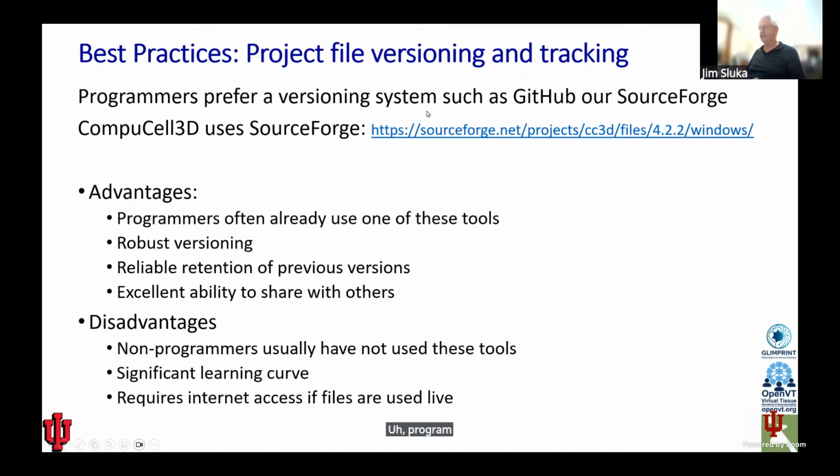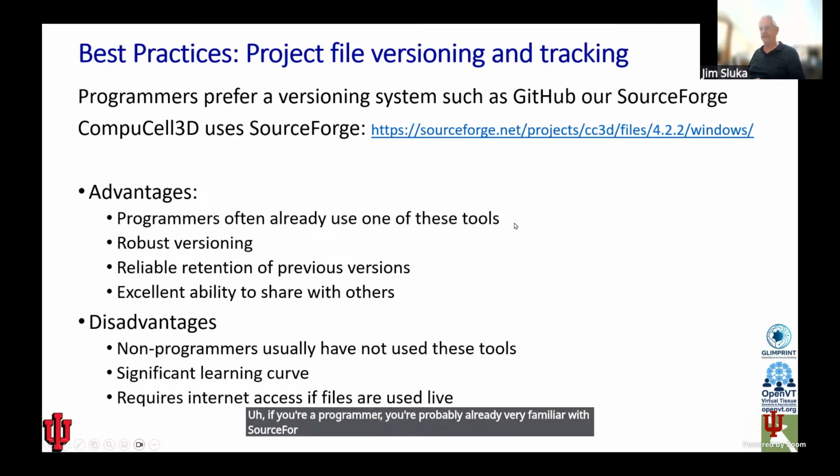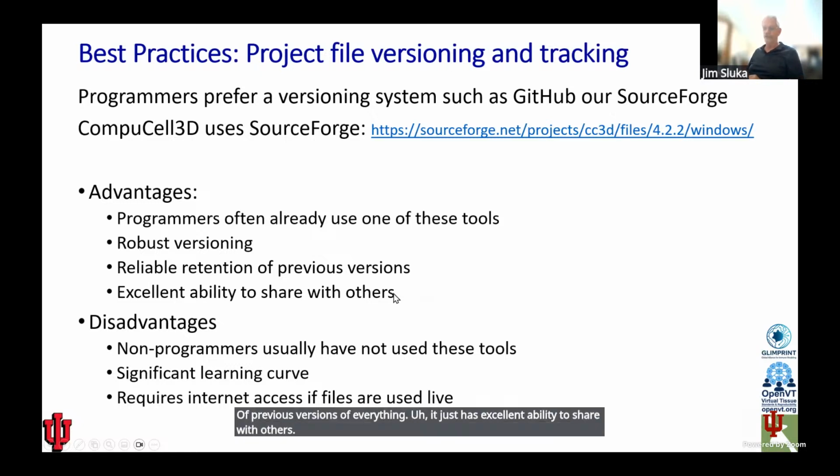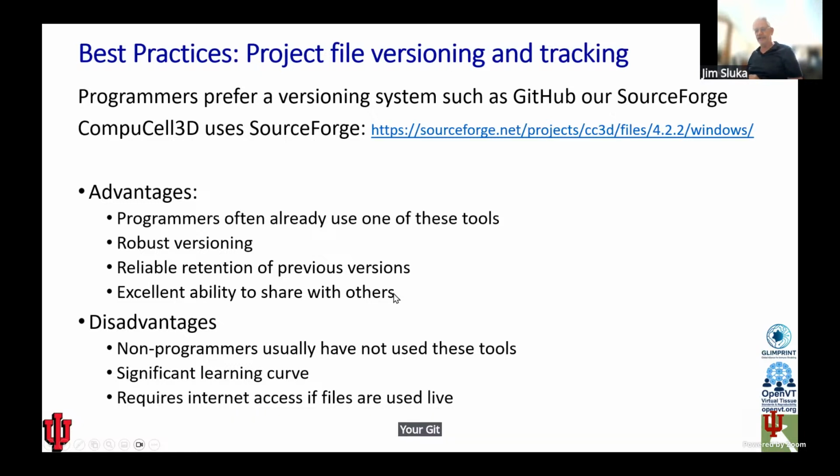Programmers like to use GitHub or SourceForge and do official versioning of their code. If you're a programmer, you're probably already very familiar with SourceForge and GitHub and similar tools. It's very robust versioning. There's always an old copy of previous versions of everything. It just has excellent ability to share with others. Other people can download your GitHub, can clone your GitHub, can modify your GitHub.